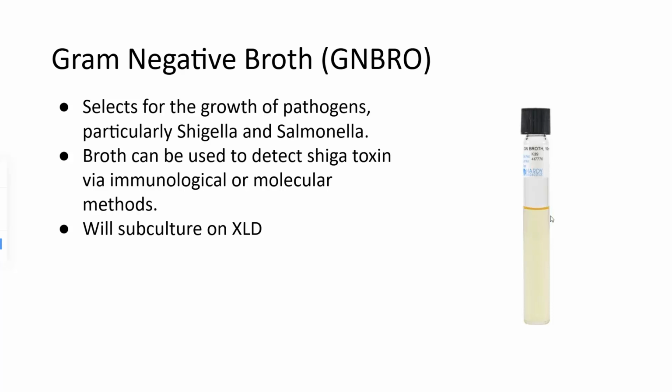And then the next day, you're going to pull the swab out and you're going to streak the swab on XLD plate for isolation. And then you can use the broth itself for the immunological or molecular detection of that shigatoxin. So we can either look for the genetic material of the toxin, or we can look for the toxin itself using some type of immunological assay.